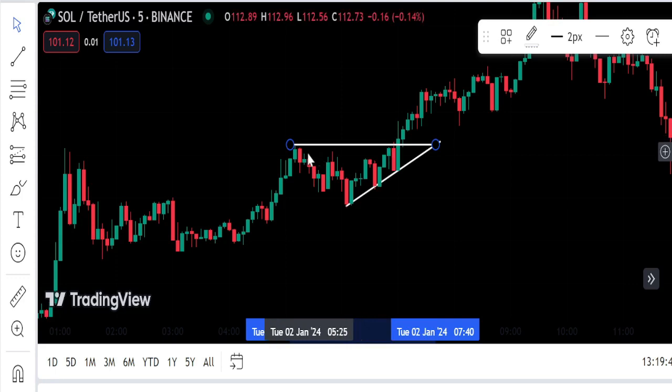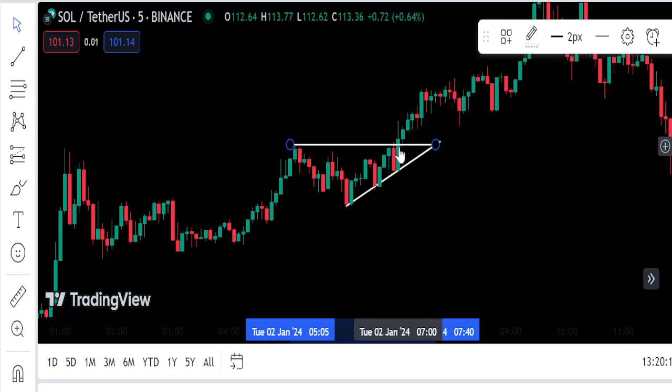and the price makes a push towards this line. So here also we found out that this candle closed above this line, confirming this pattern. It therefore means that this pattern is valid.